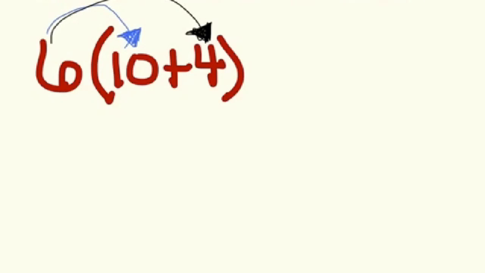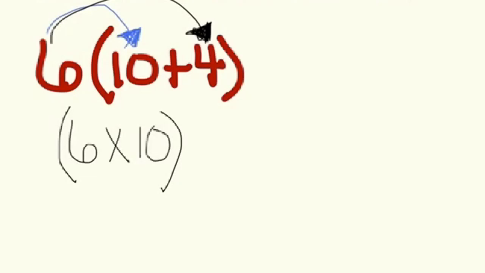So you would rewrite this as 6 times 10. Okay, that represents 6 talking to 10. I will put parentheses around it. Okay, and 6 has to also talk to 4 to see if 4 is okay with him going to the party. So you would represent that as 6 times 4.